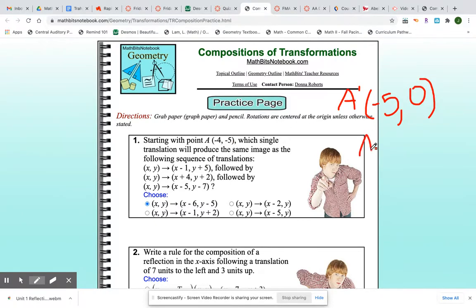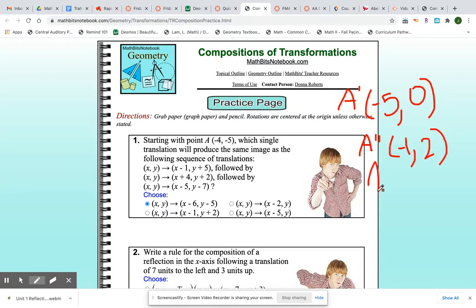All right, and then for the A double prime, because this would be that second transformation. So using this, I'm going to now follow this rule here. I'm going to add a 4, so that gives me a negative 1. And then I'm going to add a 2 to the y, so that just gives me a 2. Okay, so there is my double prime.